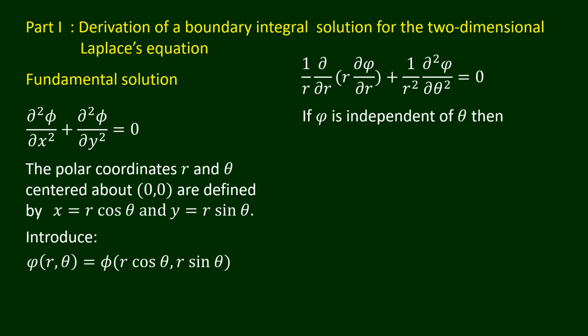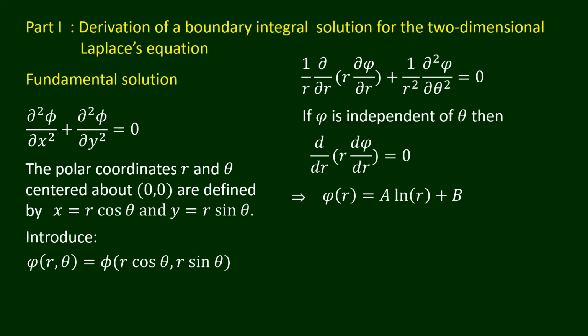If psi is independent of theta, that is, if psi is a function of r alone, we can write d/dr (r dψ/dr) = 0. We can integrate this ordinary differential equation twice to obtain ψ(r) = a ln r + b, where a and b are arbitrary constants from the integration.